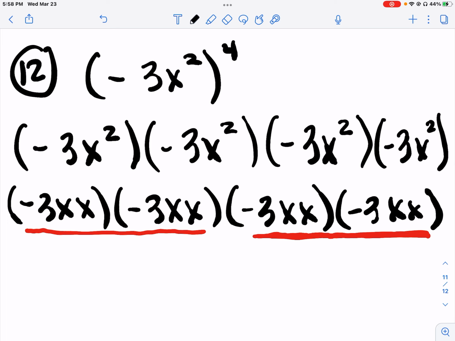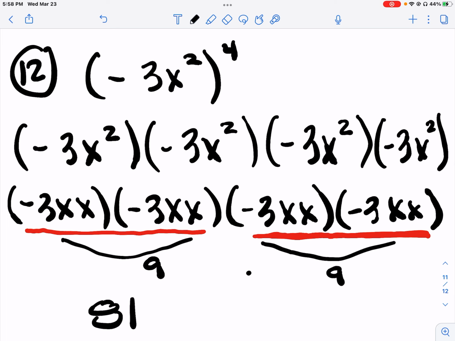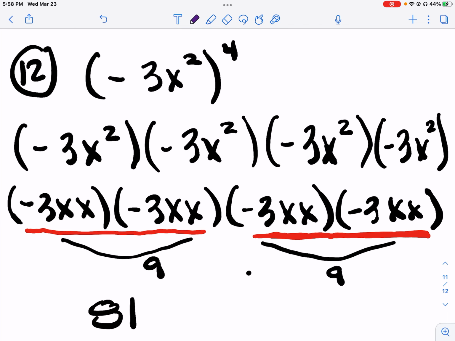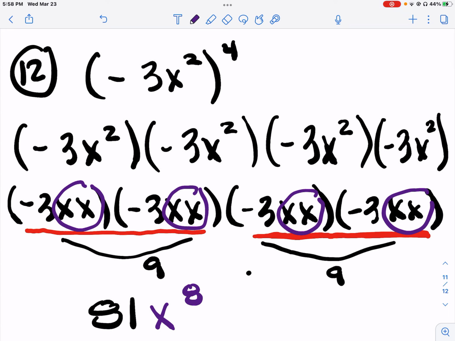Now we need to do the 3's. This 3 times 3 is 9. This 3 times 3 is also 9. 9 times 9 is 81. Okay, now let's count. I've got 2, 4, 6, 8. So that's x to the 8.